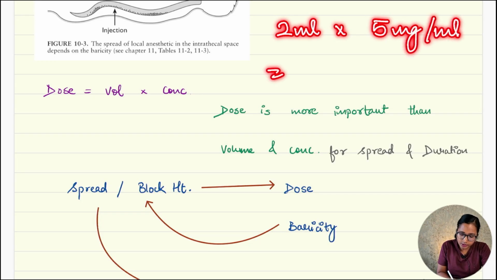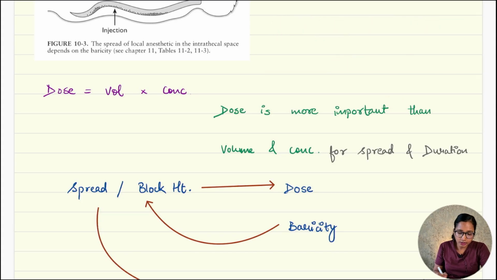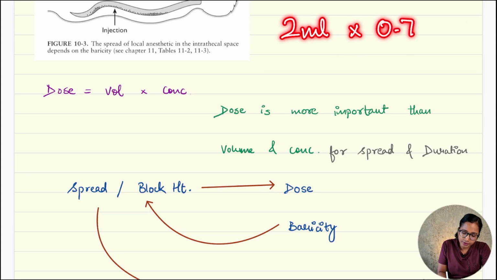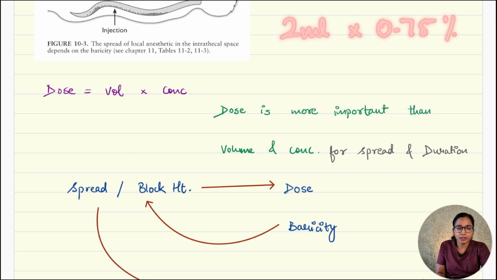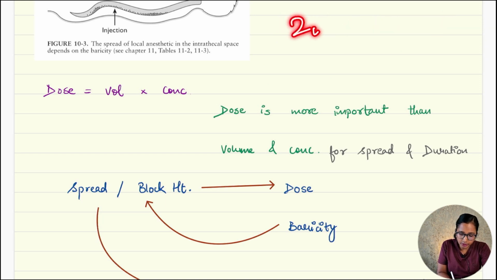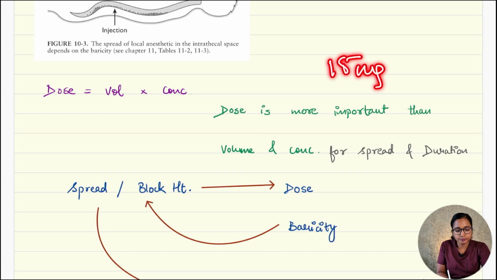So the dose is 10 milligram. Now if I use 2 ml of 0.75% heavy ropivacaine, then the dose becomes 2 ml into 7.5 milligram per ml, so this becomes 15 milligram.